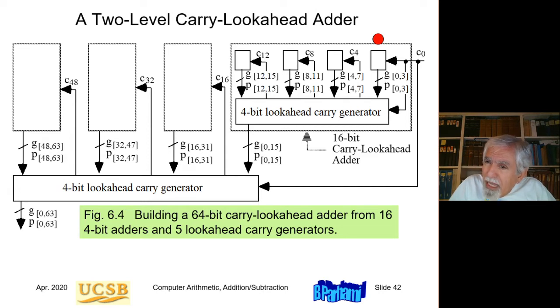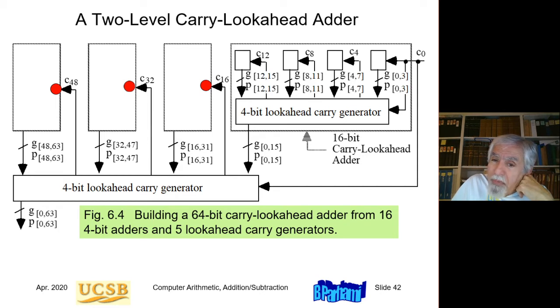So this is the first thing that happens in this circuit. Signals propagate through that block, then that carry generator, then this bottom block, and goes, for example, to give us C32. Similarly, C16 and C48. So this is the first part. Now, once you know the carry to the 16-bit blocks, then what happens, I'll show you on the rightmost block. Of course, the rightmost block knows its carry right at the outset, but the other blocks know their carries a little bit later.